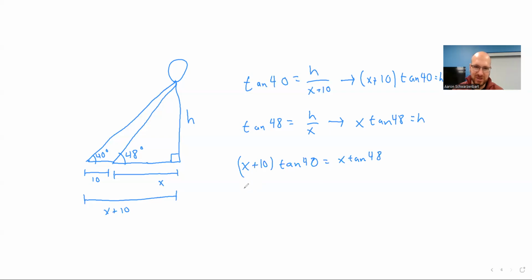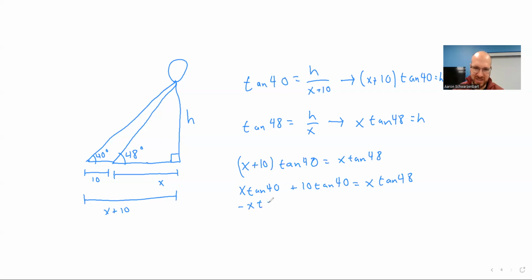And I'm going to distribute: x tangent 40 plus 10 tangent 40 equals x tangent 48. I'm going to gather my two terms with an x in them to the same side.